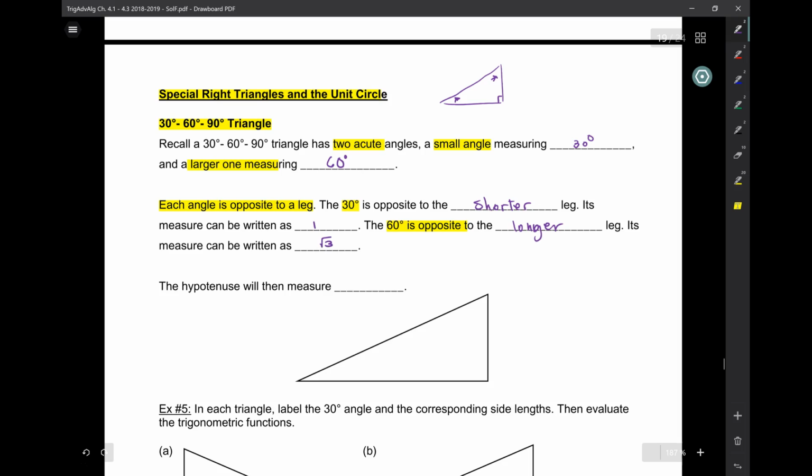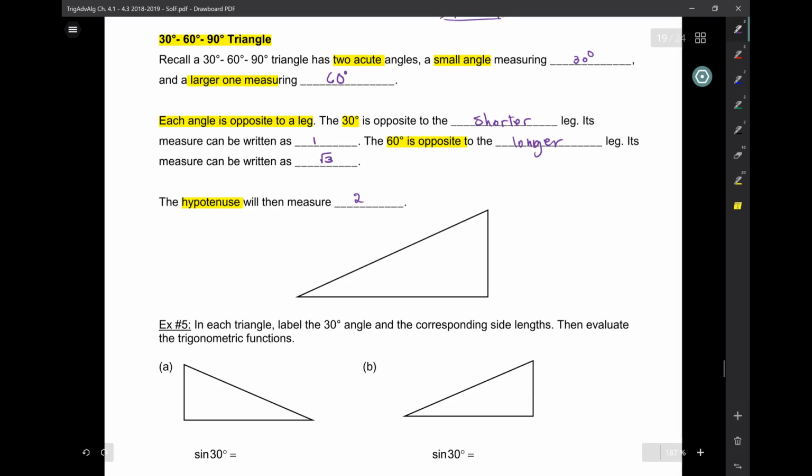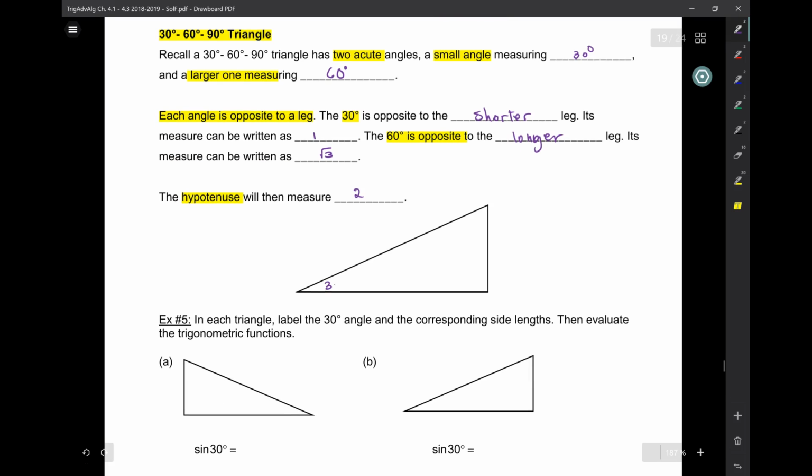Then the hypotenuse will measure 2. Correct. So if we're here, we've got the 30 degrees, 60 degrees, and 90, and there's our 30, 60, 90.